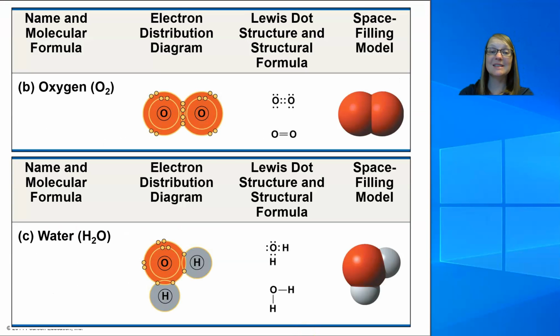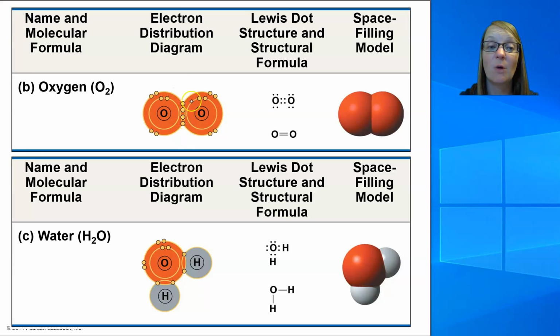All right, and so here are some examples of the 2 different molecules. You've got oxygen, you've got water, and different ways of looking at them. So you've got your molecular formula, you've got your electron distribution diagram. Anytime you have electron distribution diagrams and electrons shared between overlapping energy shells, that's an indication that that's a covalent bond and those electrons are being shared.